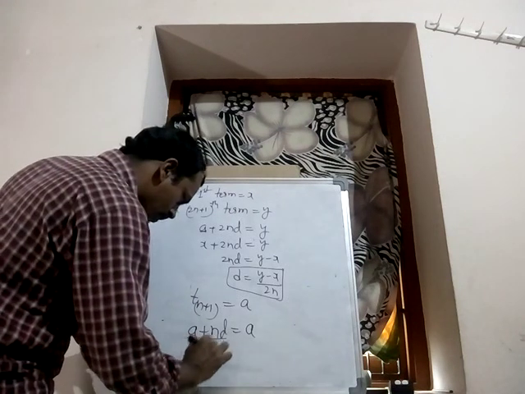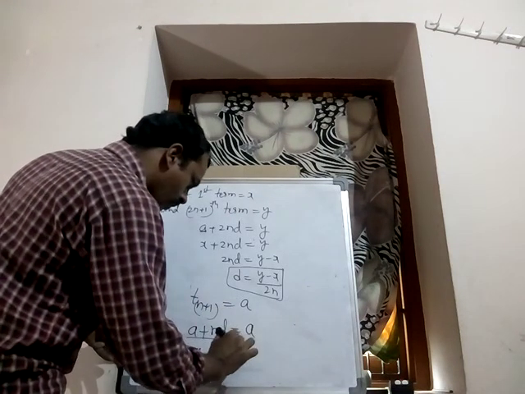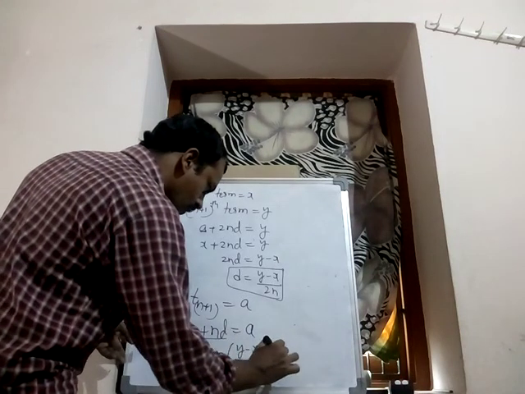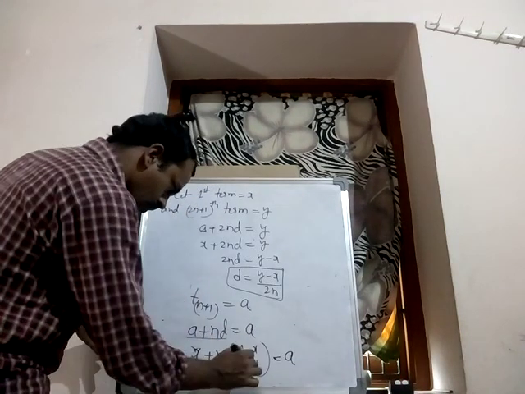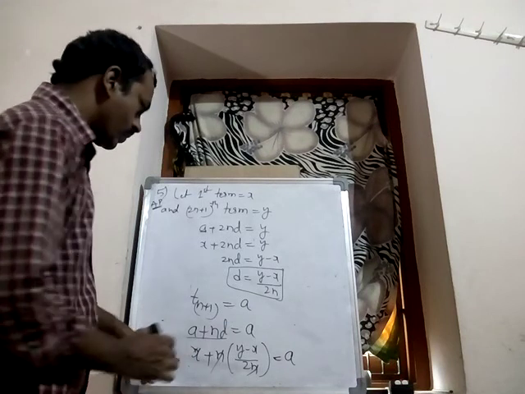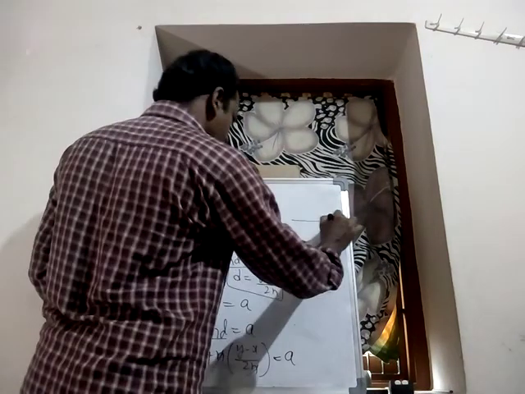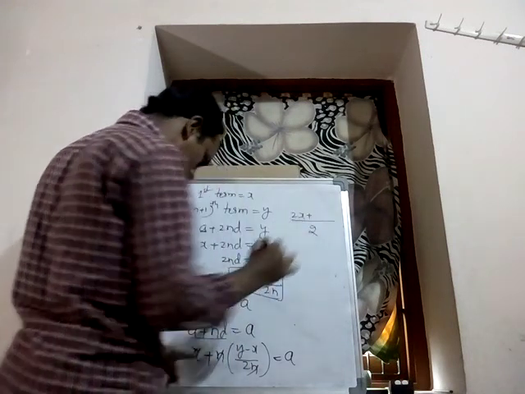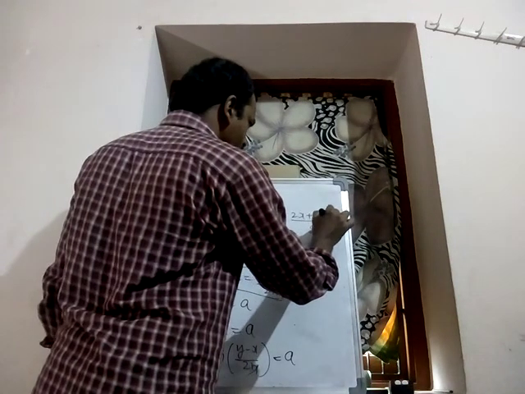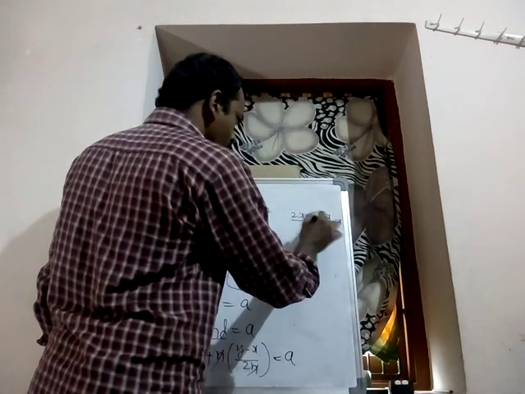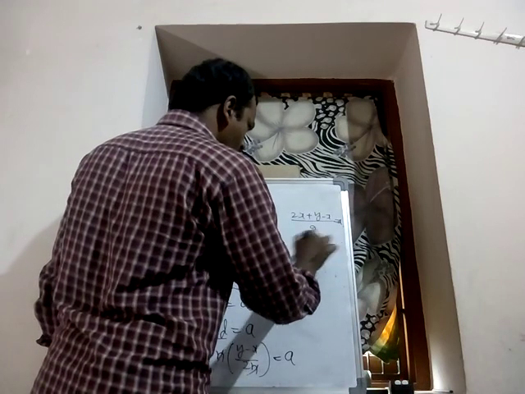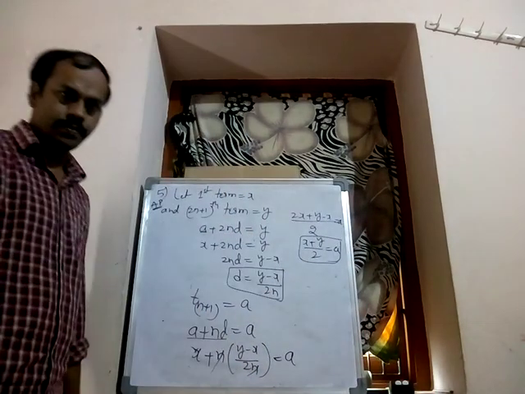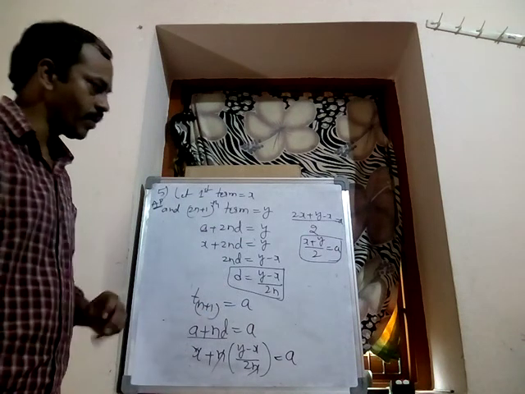So x plus n into what is d? y minus x by 2n, that is equal to a. So n gets cancelled. So we get, clearly LCM is 2, x plus y minus x is equal to a. So clearly x plus y by 2 is equal to a. A is equal to x plus y by 2.